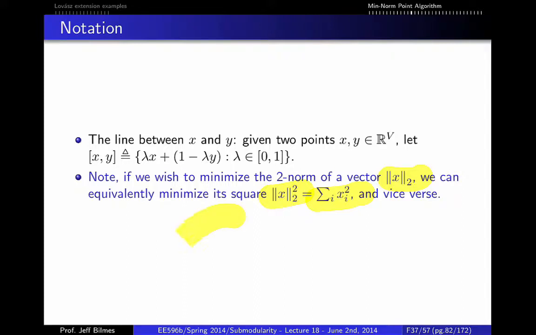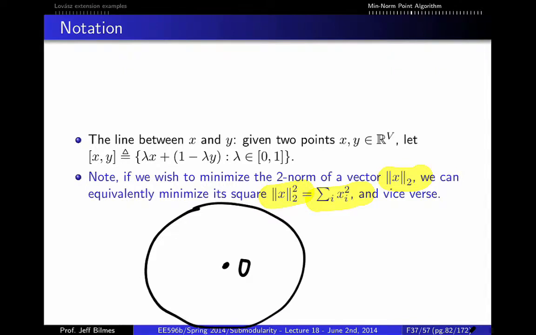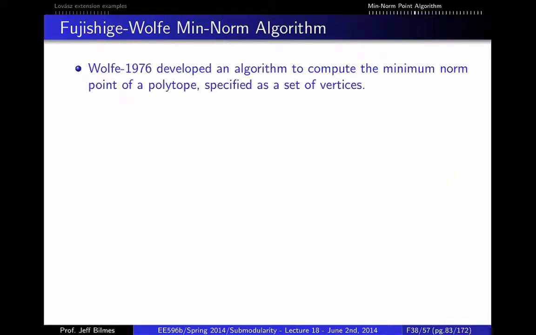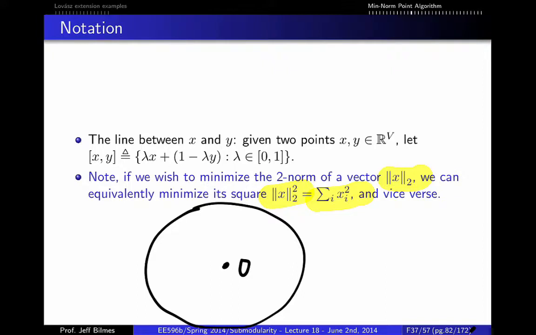In each case, we have circular contours. If this is the origin, points of equivalent squared 2 norm define a circle or a sphere. Okay, any questions on the setup, the notation?